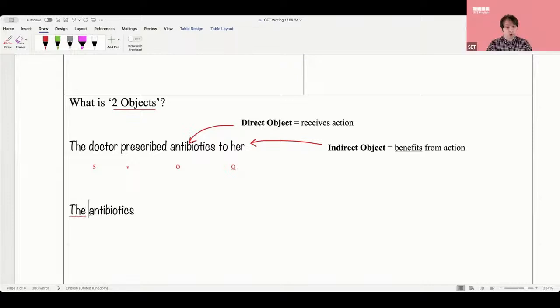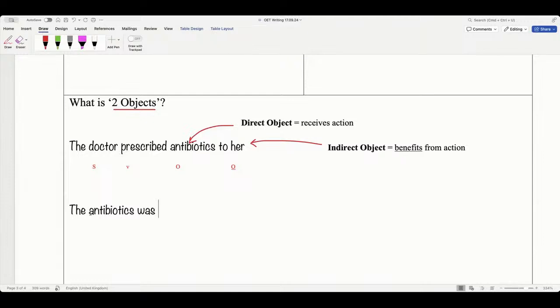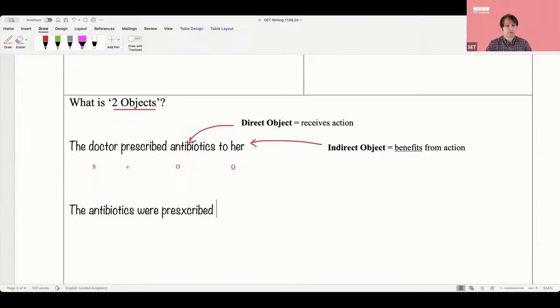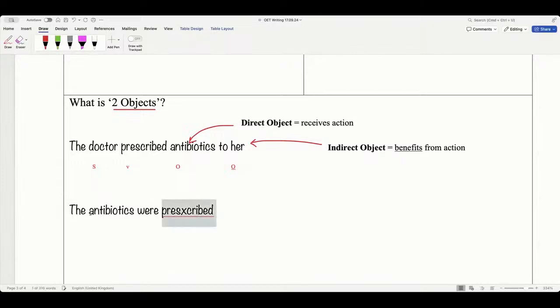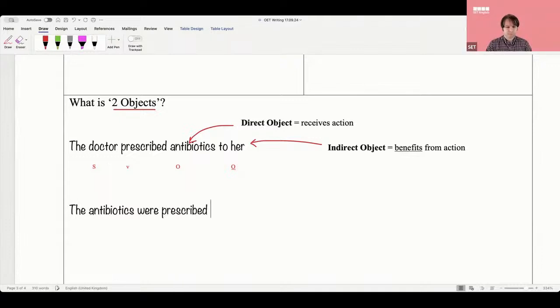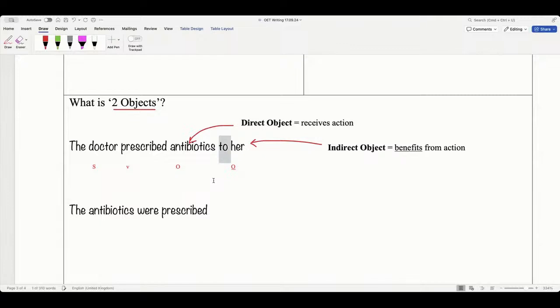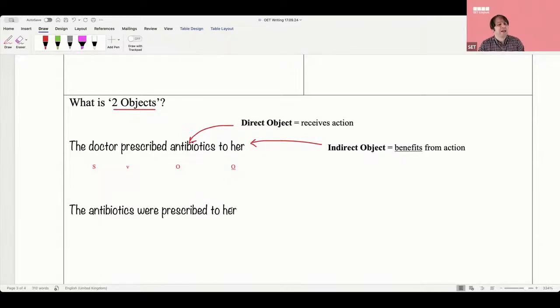The antibiotics were prescribed for her. Is it to her or for her? Usually it would be to, okay? To her. Is this correct, guys? Yes. It is correct.